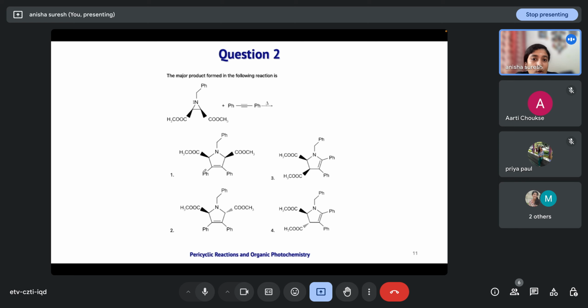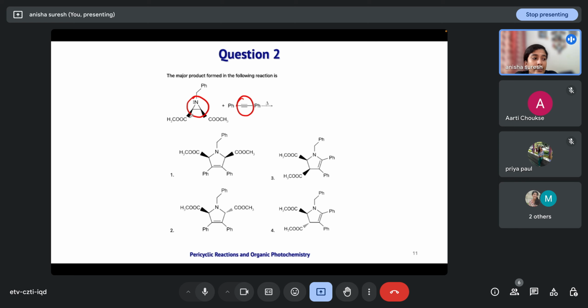The major product formed in the following reaction is. So here we have a three-membered nitrogen containing ring system, and this alkyne. What is taking place here is a 1,3 dipolar cycloaddition. Before that, in this thermal condition, ring opening of the system takes place, giving the 1,3 dipole.